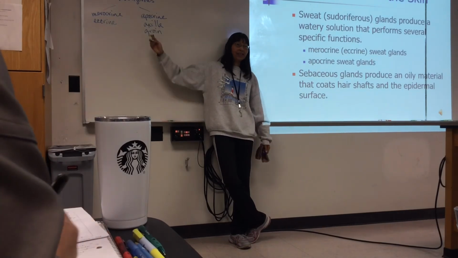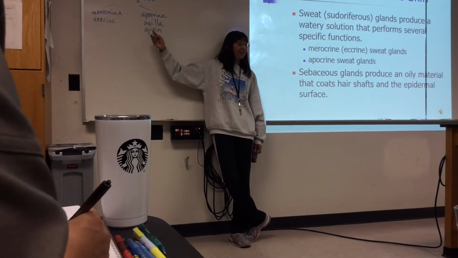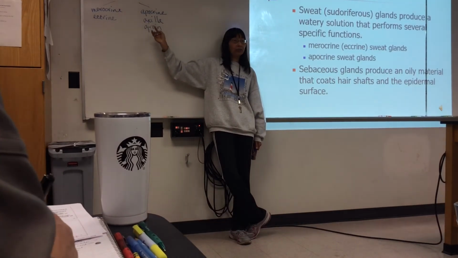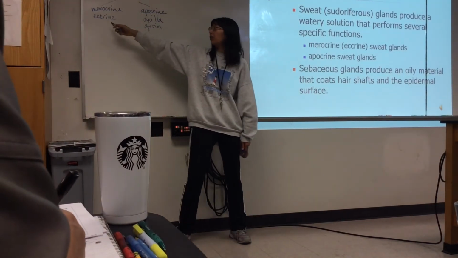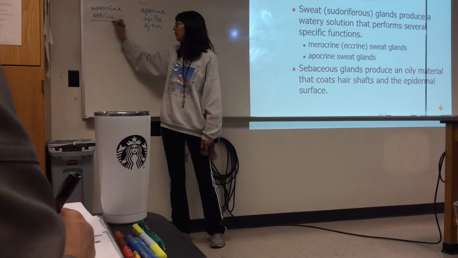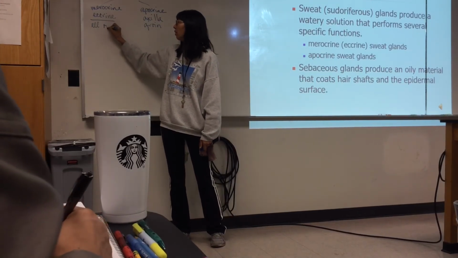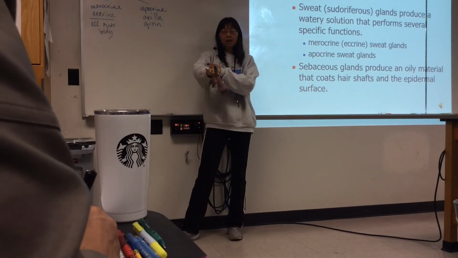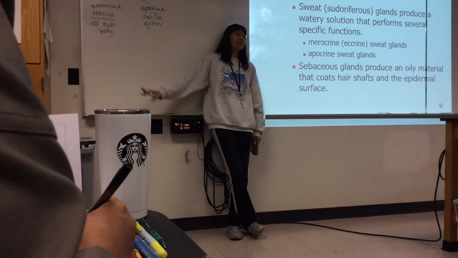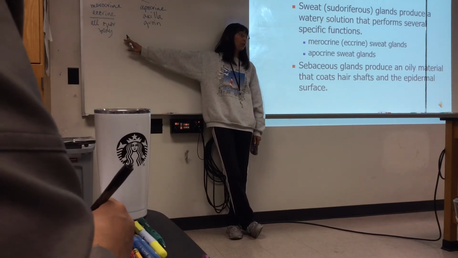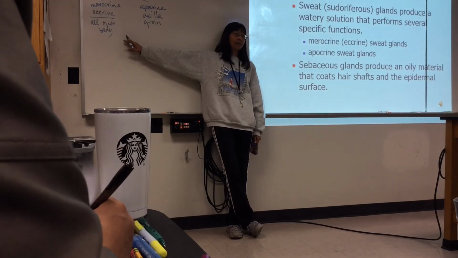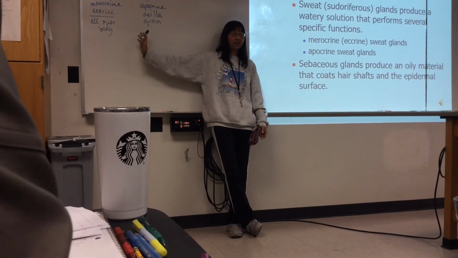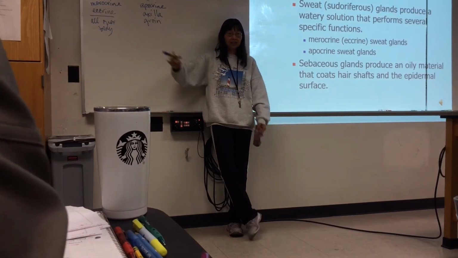Armpit and groin, when you sweat, it gives off the funky smell. So that's apocrine glands for you. Merocrine glands are sweat glands all over the body. Your arms, your hands, your legs, back of your legs, etc. will be merocrine sweat glands. Okay? You guys understand the difference? Location, correct? Location.